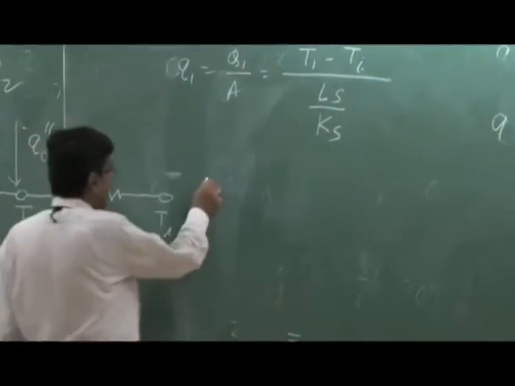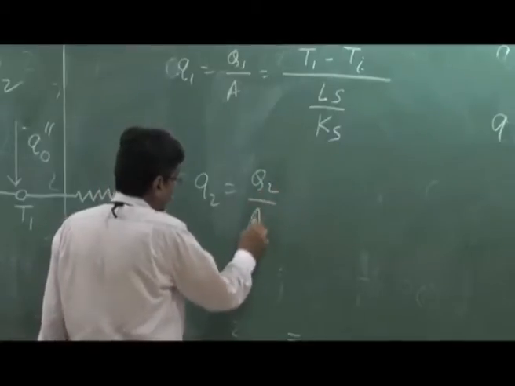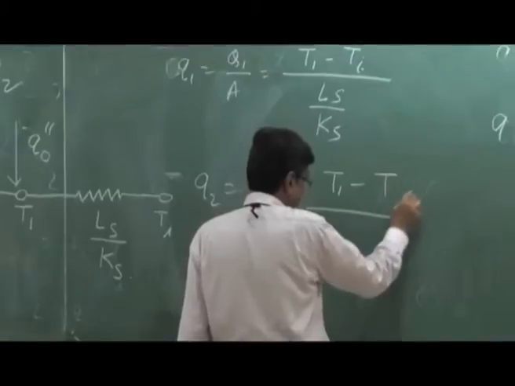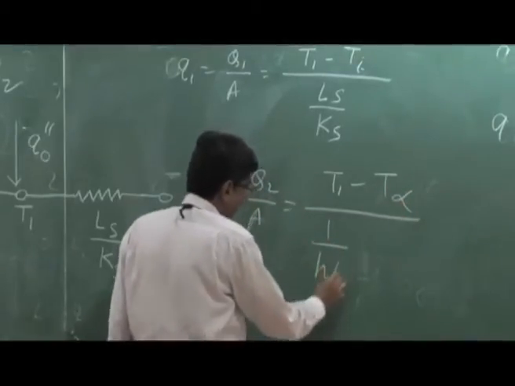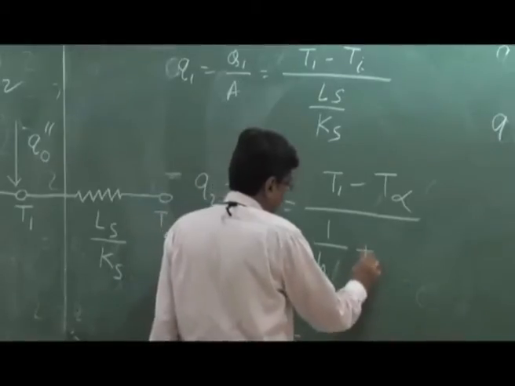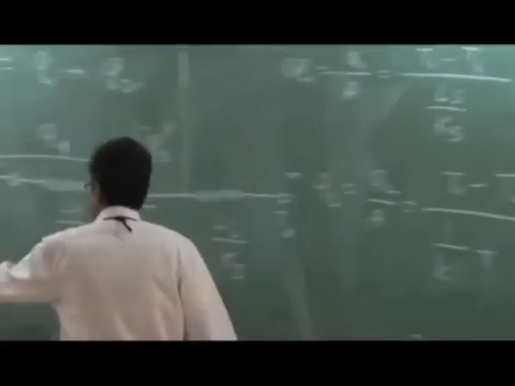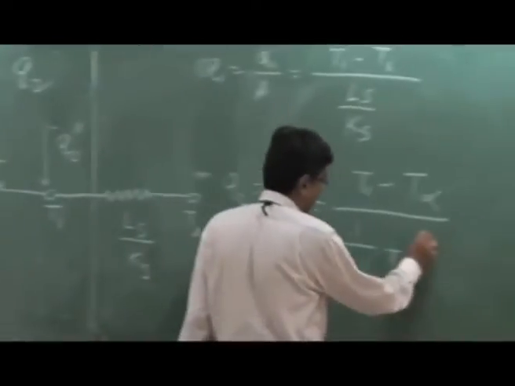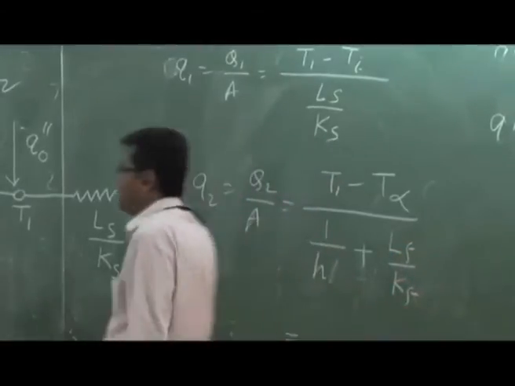Okay, and Q2 by A is equal to T1 minus T infinity, as we did earlier, divided by 1 by H plus LF by KF. That is H, not HF, because only one side H is there, and it is a series problem.